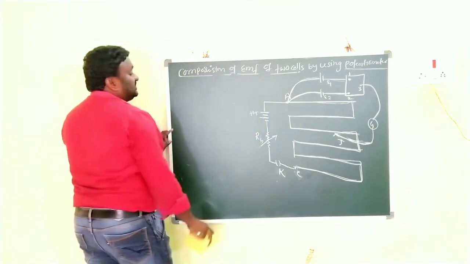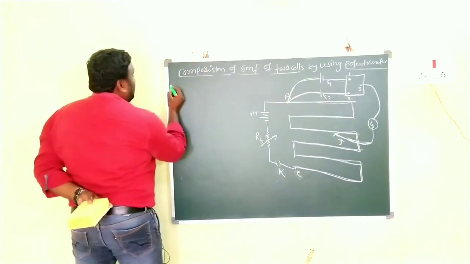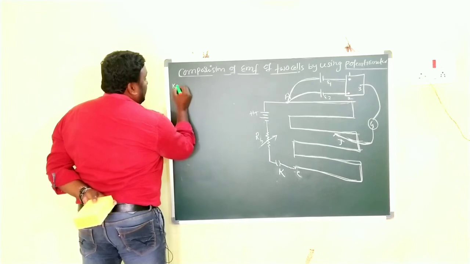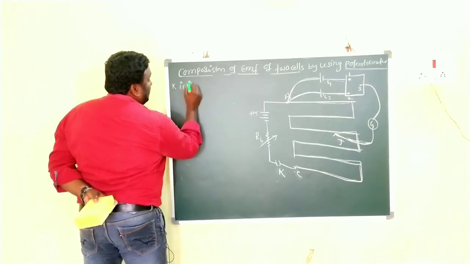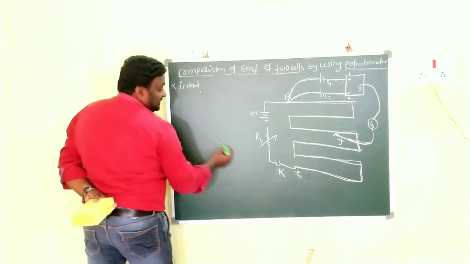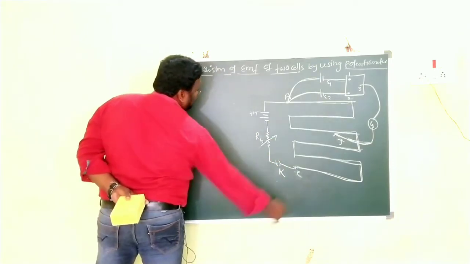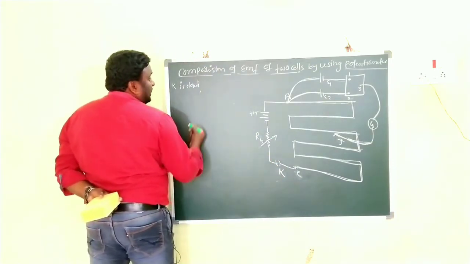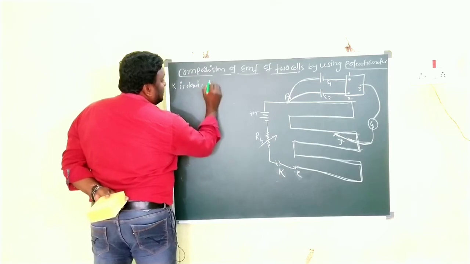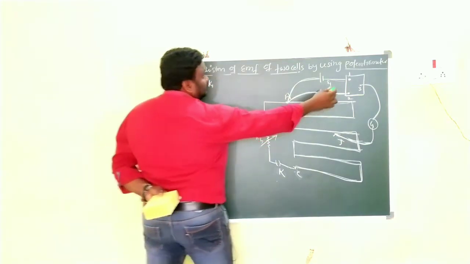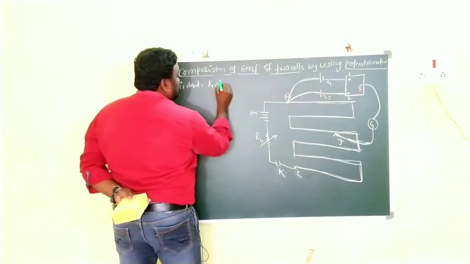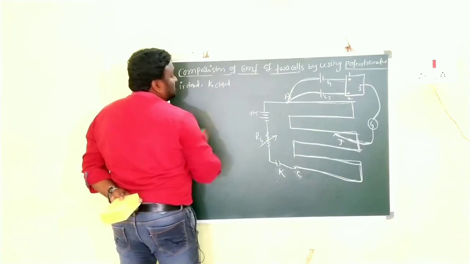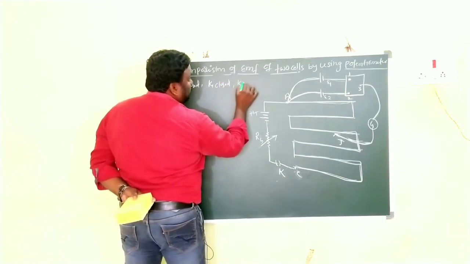So after giving the connection, children, first we have to go in for one assumption, that is K is closed. Then the current passes through the main circuit or primary circuit. And now K1 is closed and K2 is open.